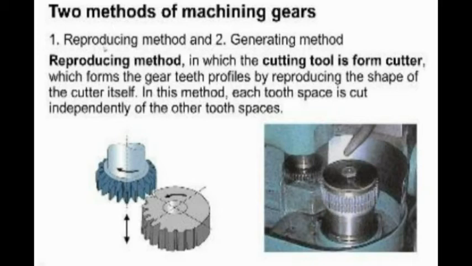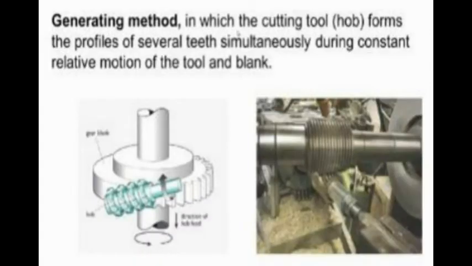Now the second method of machining is the generating method, in which the cutting tool forms the profiles of several teeth simultaneously. In this case several teeth are cut simultaneously during constant relative motion of tool and blank.